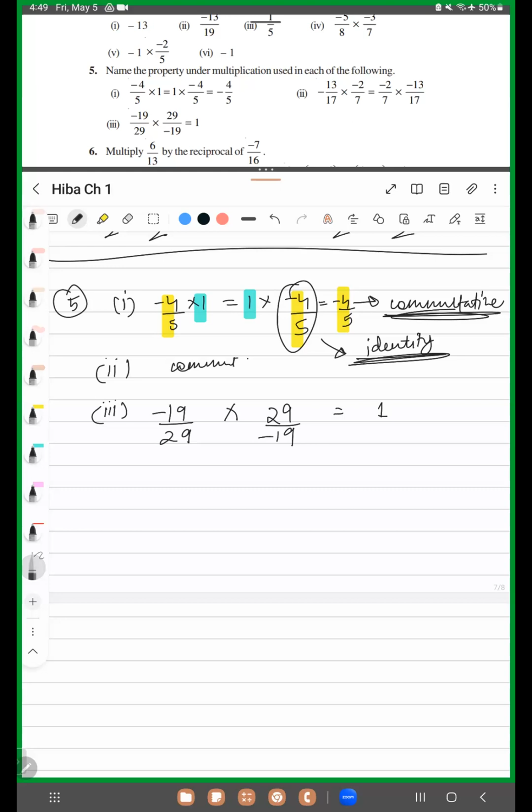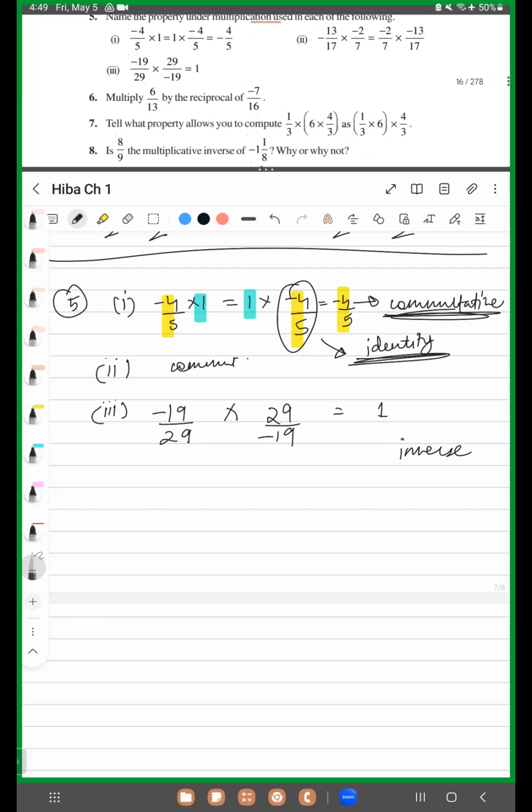Which property is this? Multiplicative inverse. Very good. This is inverse. Multiplicative inverse. ठीक है. Sixth वाला नहीं आ रहा?